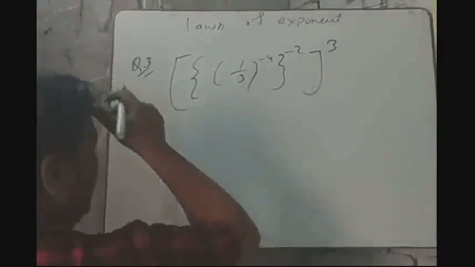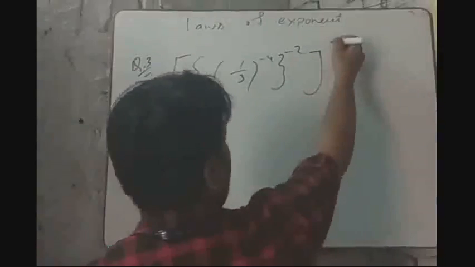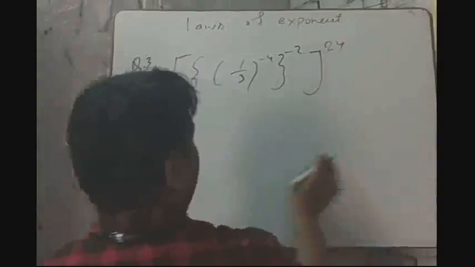See, not 3 here, it is 24, then what will we do?